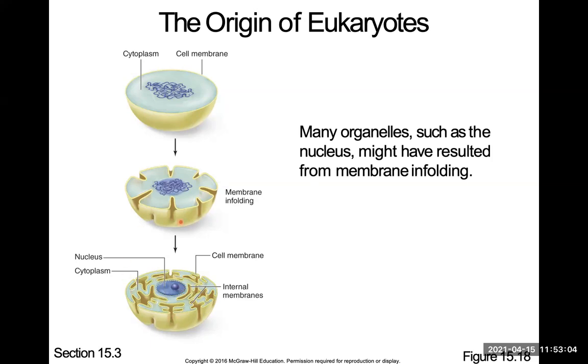The whole purpose of this was to increase the surface area, so that there's more space for things that go in. So you started with a simple cell, the protocell, that converted into prokaryotes. Then the membrane started to fold, and then you got more organelles and also a membrane around the nucleus and around the genetic material.